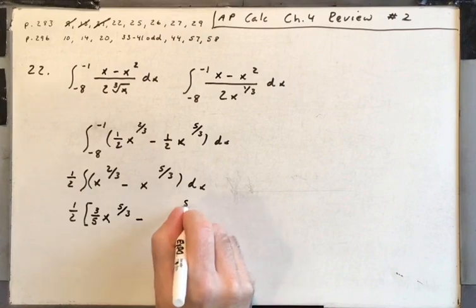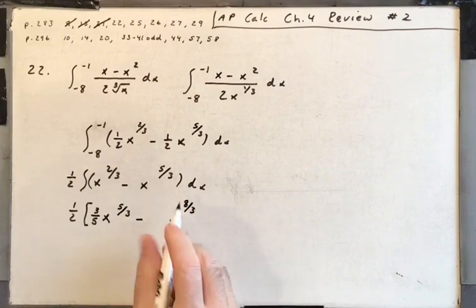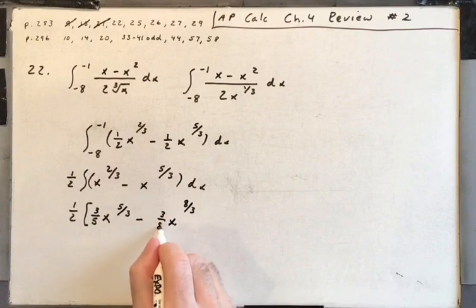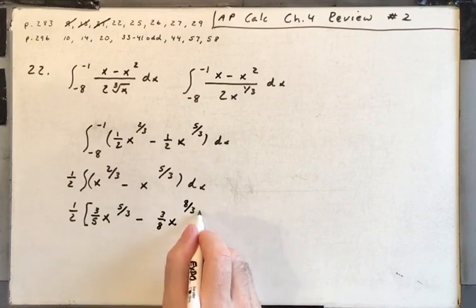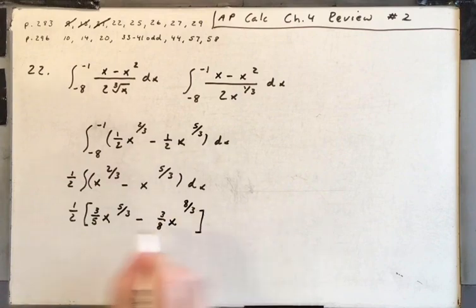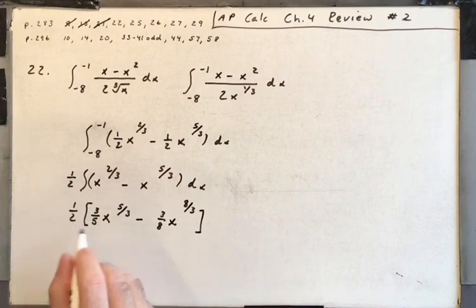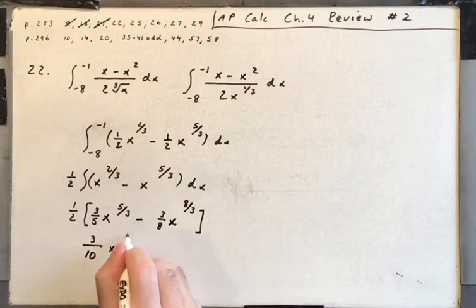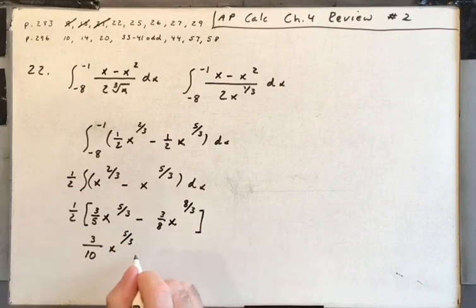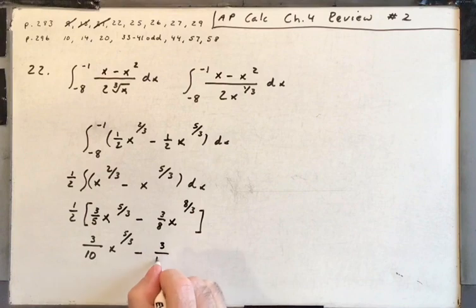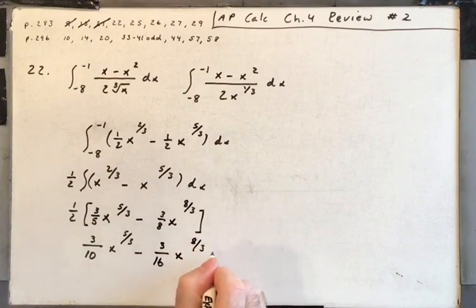X to the 8/3, add 3/3 to it, but I'm going to need a 3/8 out front. All right, and if I distribute the 1/2, that's going to be 3/10 x to the 5/3 minus 3/16 x to the 8/3.